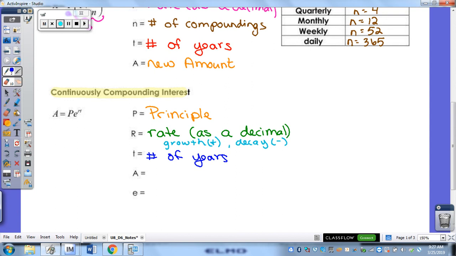T is your number of years. A is your new amount, how much we have at the end of the problem.